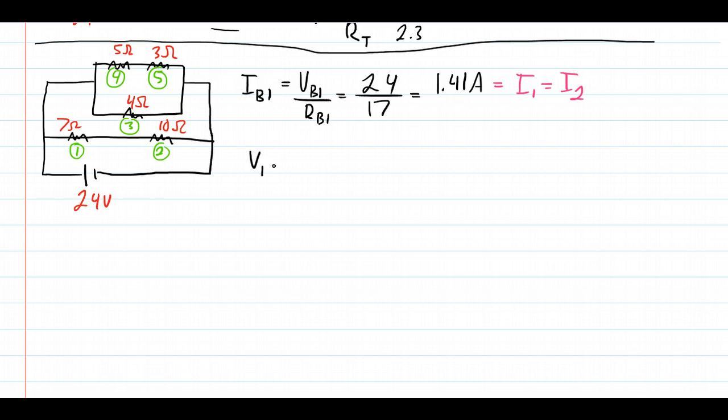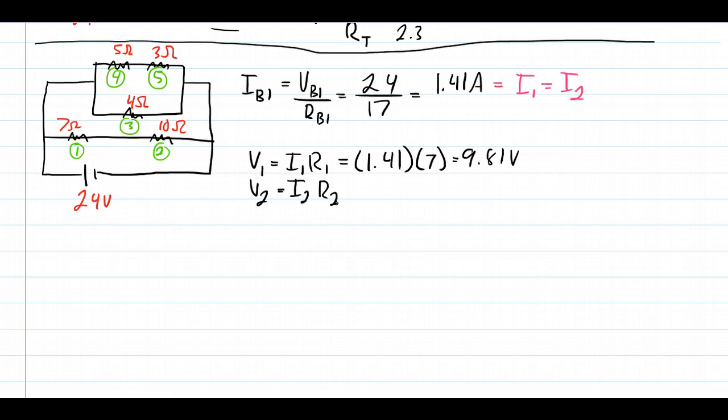So the voltage drop across resistor 1 is going to equal the current in resistor 1 times the resistance of resistor 1. So notice I use the subscript so I know everything lines up and everything correlates with each other. So I plug in values. 1.41 times my resistance of 7 gives me a voltage drop of 9.81 volts. And do the same thing. Our voltage drop across resistor 2 will equal our current of resistor 2 times the resistance of resistor 2.